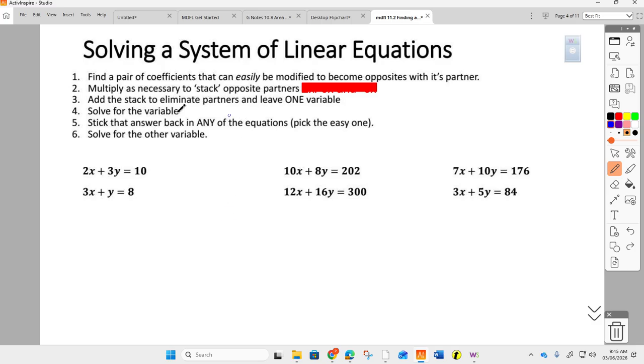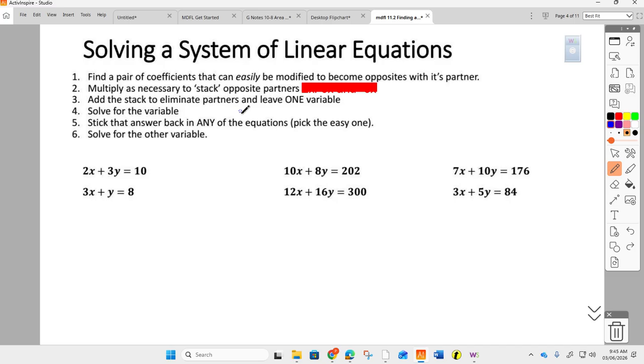And the reason is because we are going to be stacking opposites. So when you add opposites, first of all, do you know what opposites are in math? What are opposites in math? Anybody? A negative is part of an opposite. So what's the opposite of negative 3? Positive 3, right? So opposites have the same absolute value but a different sign.